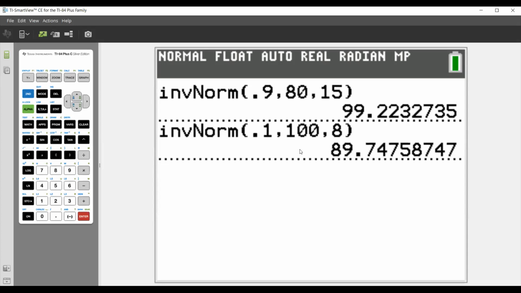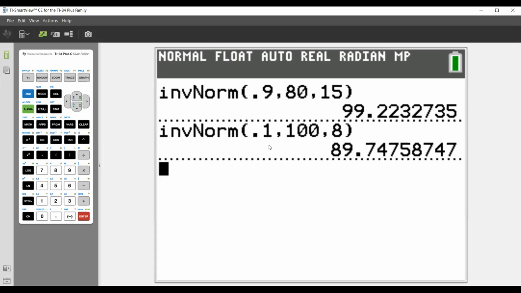Okay, what percentile, by the way, would this be? In terms of times, it would be the 10th percentile, because we're looking for the smallest 10% of times.